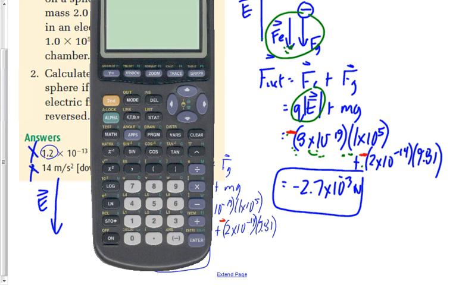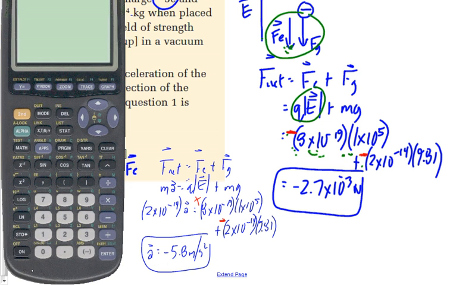Okay, let's pull open the calculator then. Guys, just focus up here, okay? Let's do the right-hand side, 8 times 10 to the minus 19 times 1 times 10 to the 5.